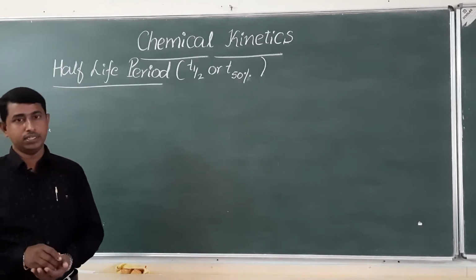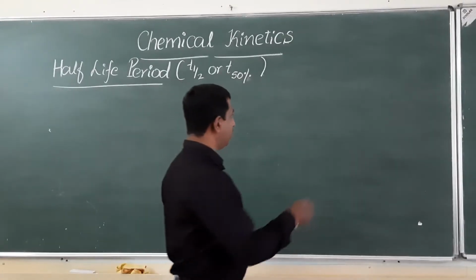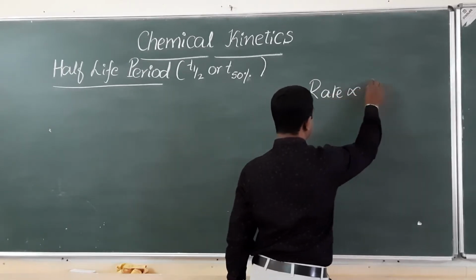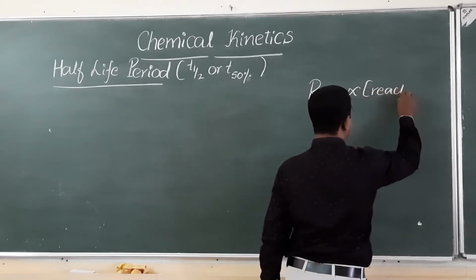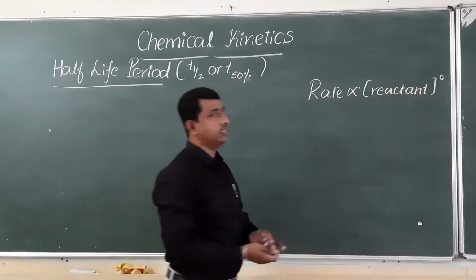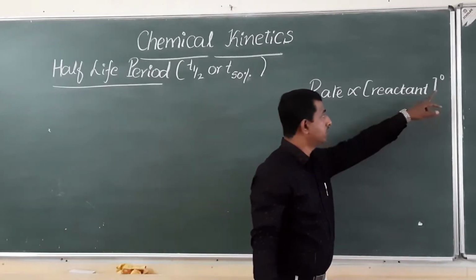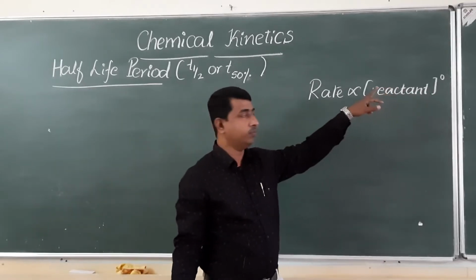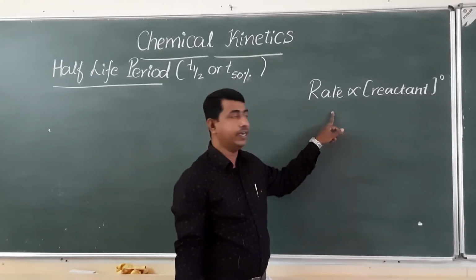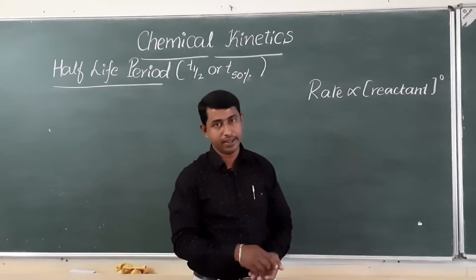A zero order reaction is a chemical reaction in which the reaction rate is directly proportional to the concentration of the reactant raised to power 0, or the rate of the reaction is independent of the concentration of the reactant. Such a reaction is called a zero order reaction.